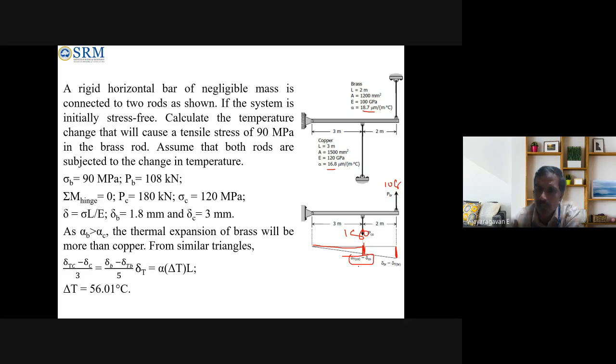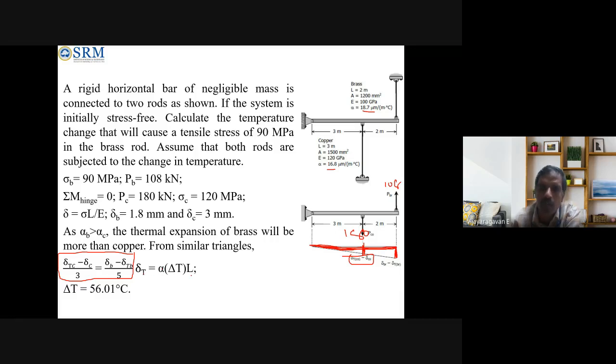That should be equal to the vertical distance for the second triangle, the mechanical expansion of brass minus thermal expansion of brass, divided by the overall horizontal distance for the second triangle, which is 5 meters. So this completes the first part, equating the similar triangles. In this, what is this thermal expansion? Thermal expansion is given by alpha TL.